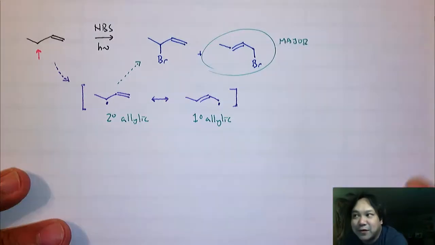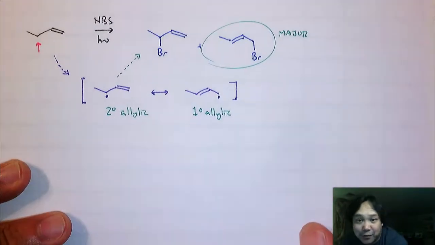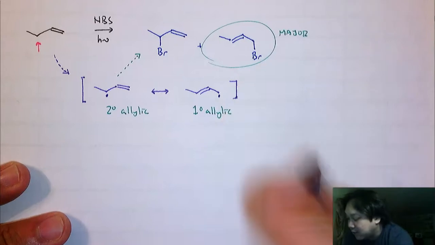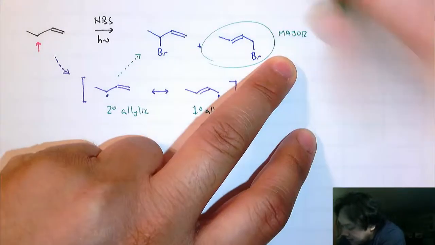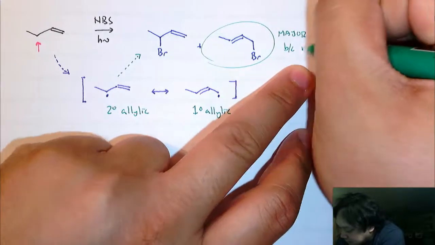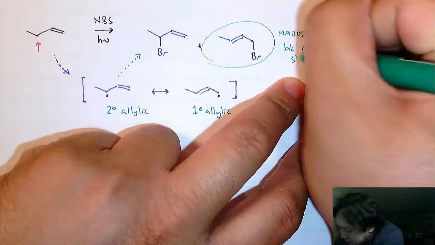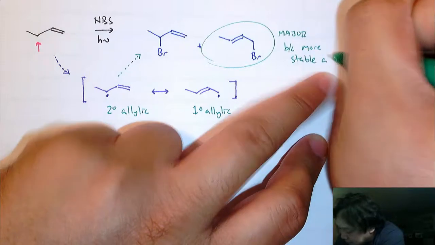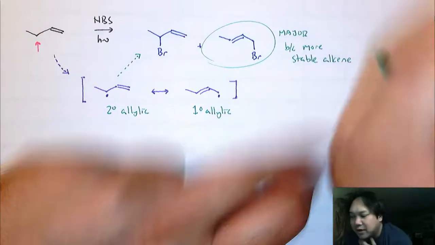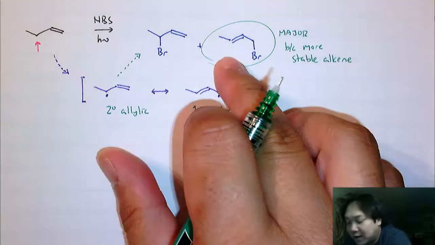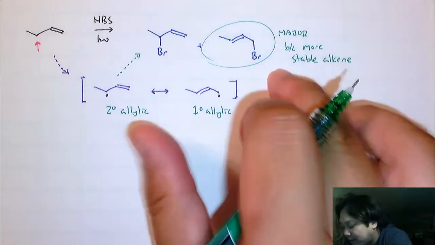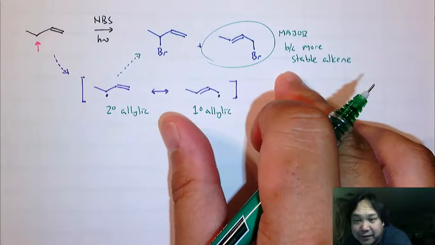I don't know if I actually mentioned this before, but let me go over alkene stability. So this is a major because it's the more stable alkene. I think I usually talk about alkene stability when I talk about making alkenes, not using them. But I'm going to have to talk about the stability a little bit here.